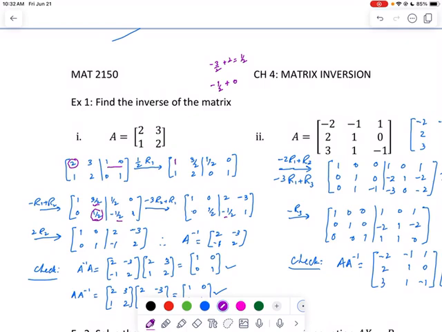So it gives me -3/2 plus, so this makes it -3/2 plus 3/2, so it makes it 0 here. That was my goal.